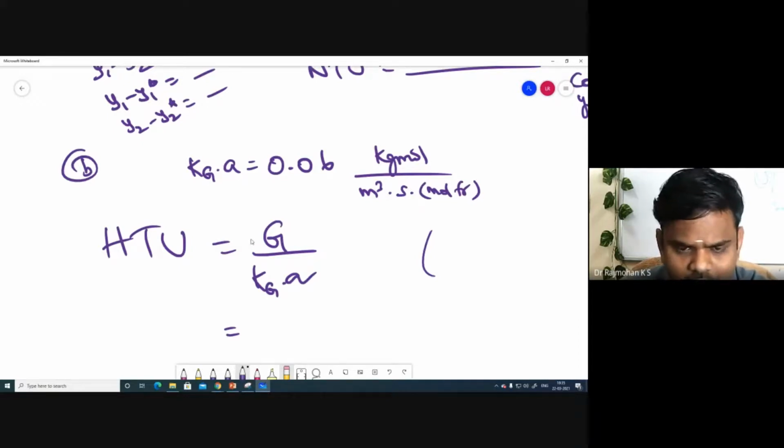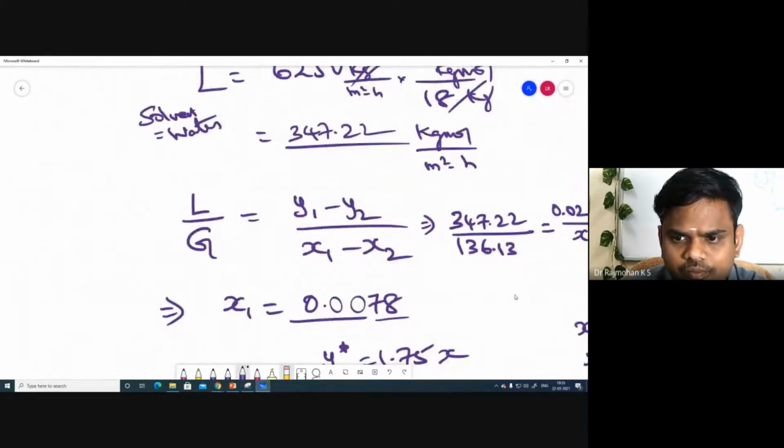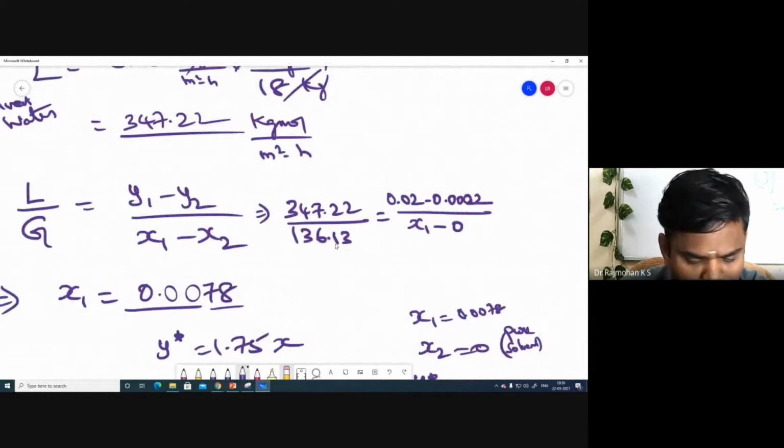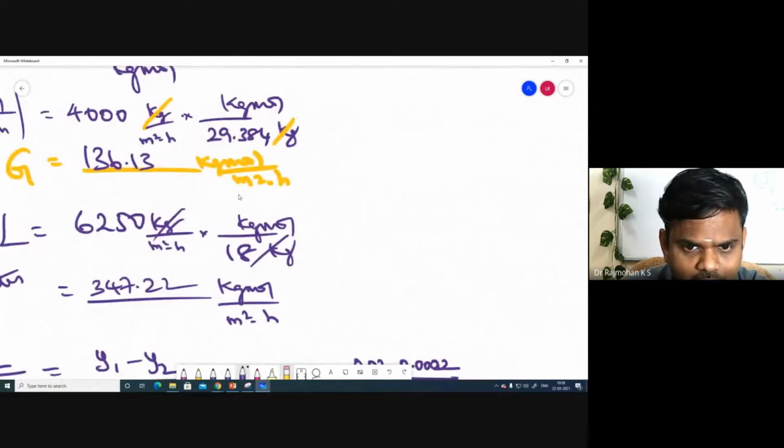The G value in terms of kg mole, we have already determined. So the G value is 136.13 kg moles per meter square hour. But if you want to convert it to per second, how to get it? 1 hour equals 3600 seconds.